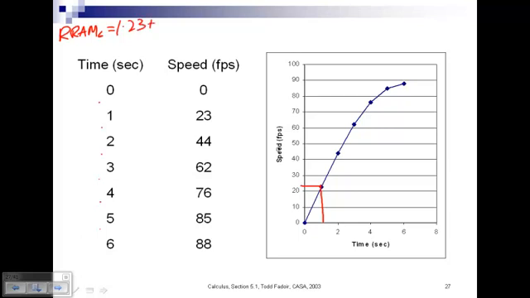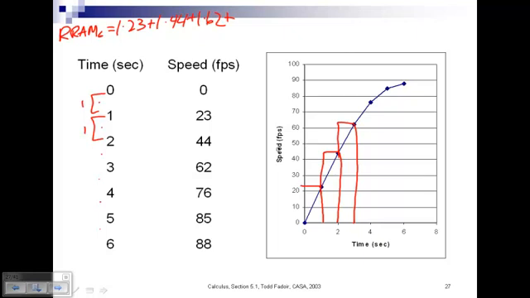How about my second rectangle? Just add the speed. Not 2 times 44. I meant 1 times 44. This width is 1 between all of these. 1 times 44. And what about the next rectangle? 1 times 62.